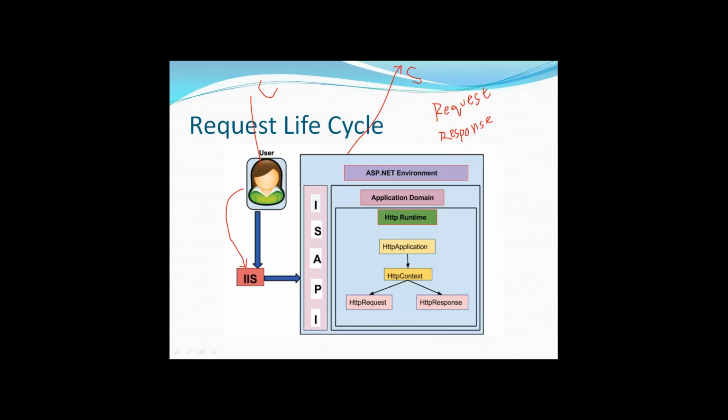A request lifecycle is a series of stages or events which happen across your client and your server before the response is received by your client. All these actions put together are called your request lifecycle. Making sense?